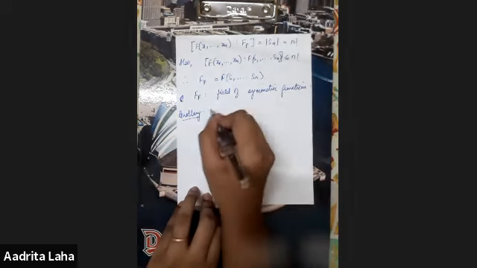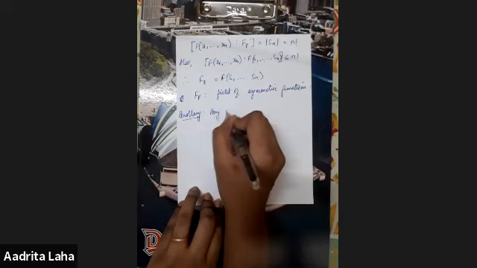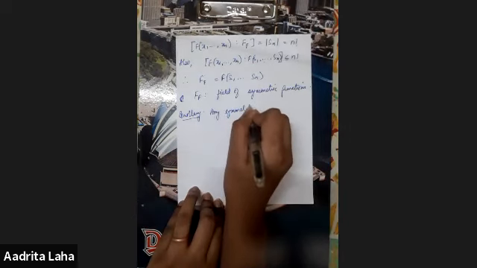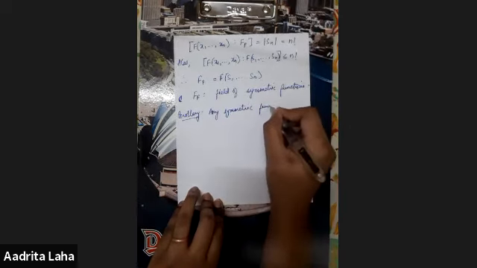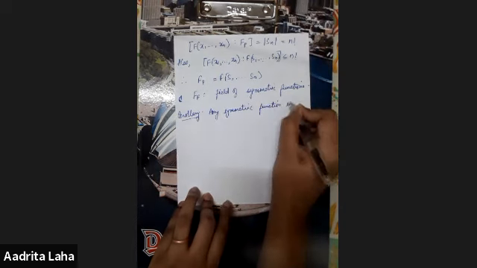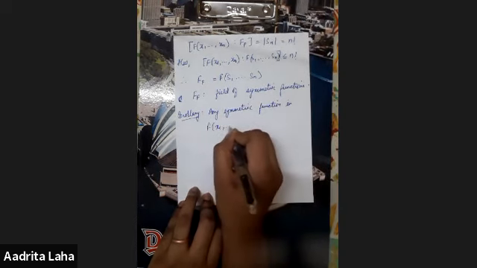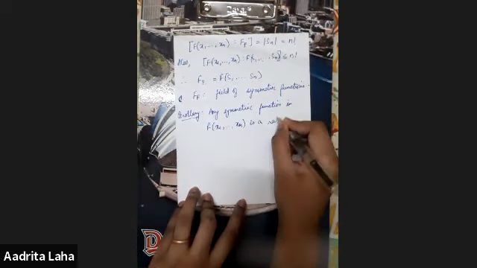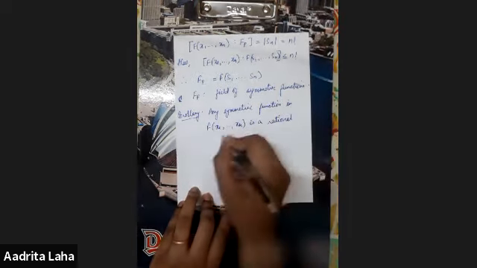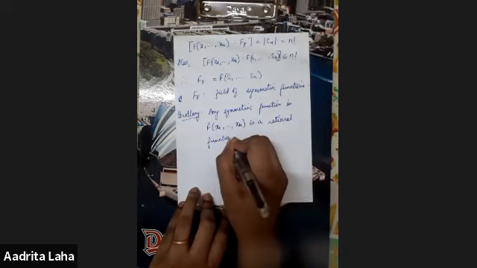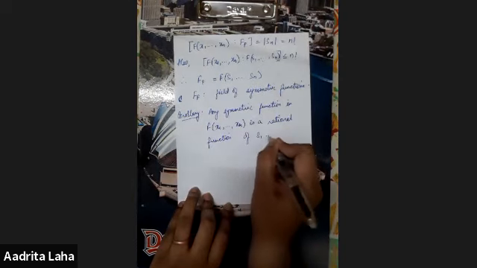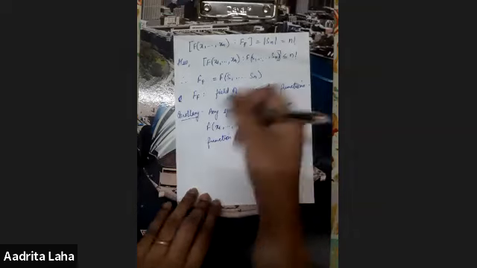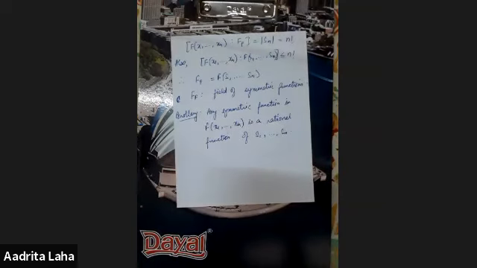Any symmetric function in F(x1, ..., xn) is a rational function of s1 to sn. Since it is contained in the fixed field, it is a function of s1 up to sn, and since it is a field, the function is a rational function.